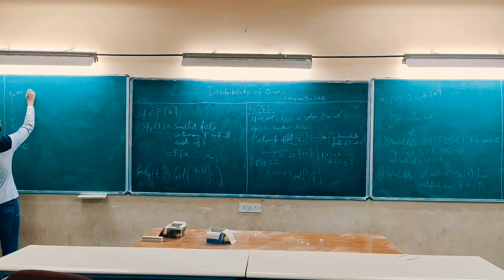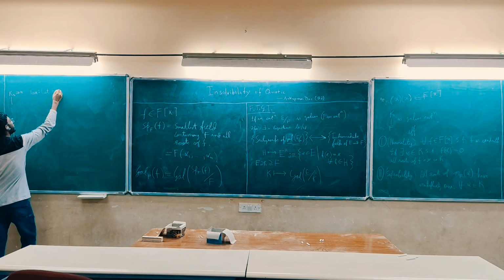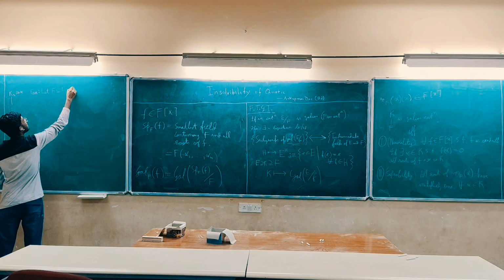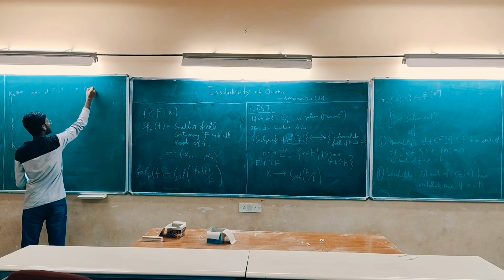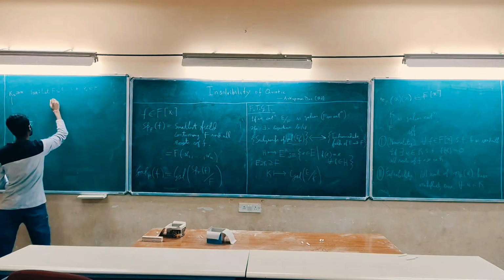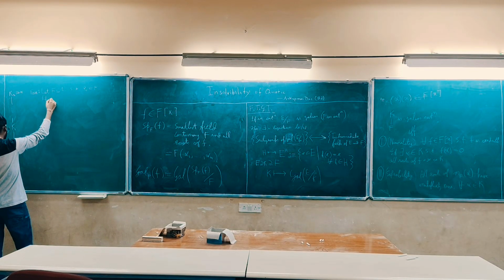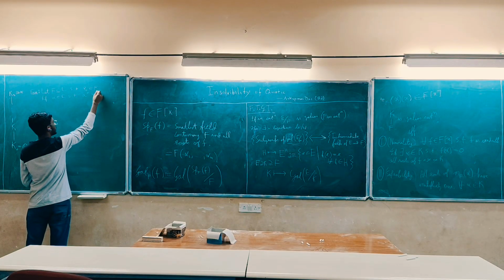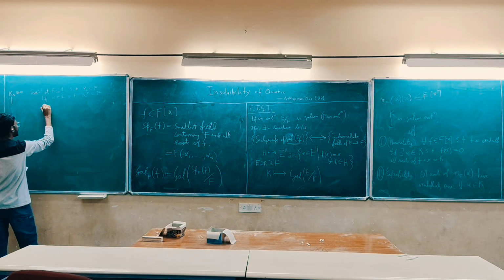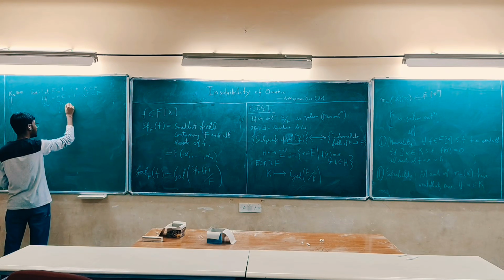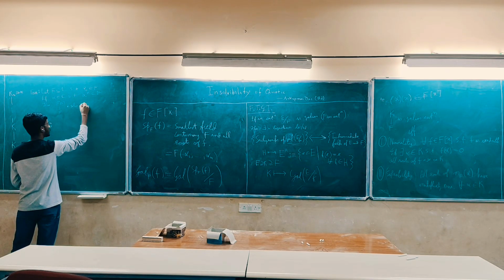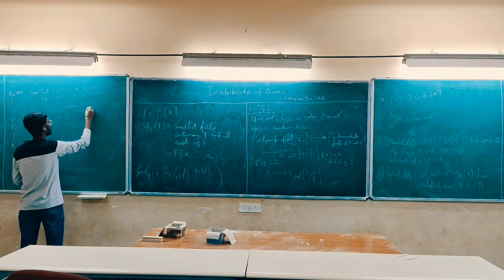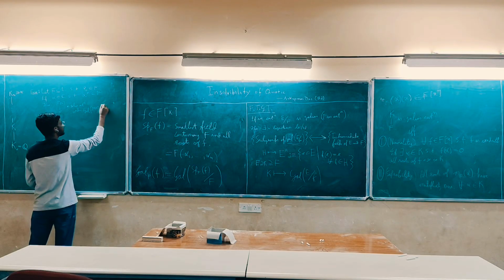I'll start with my first theorem. Let a field F be a subfield of C such that zeta_n is in F. If alpha belongs to C such that alpha to the power n is in F, then F(alpha) over F is a Galois extension and Gal(F(alpha) over F) is cyclic.